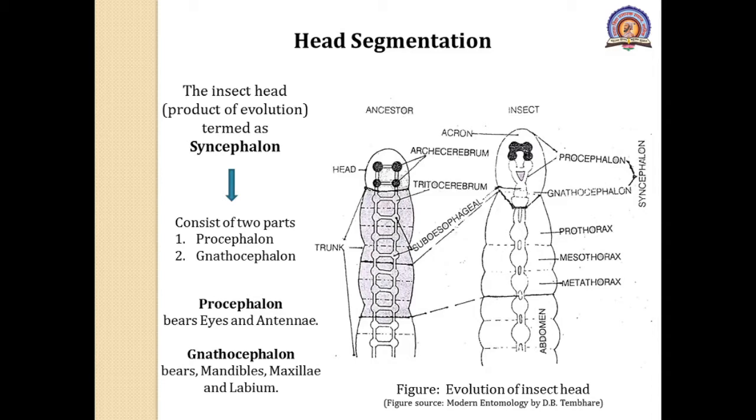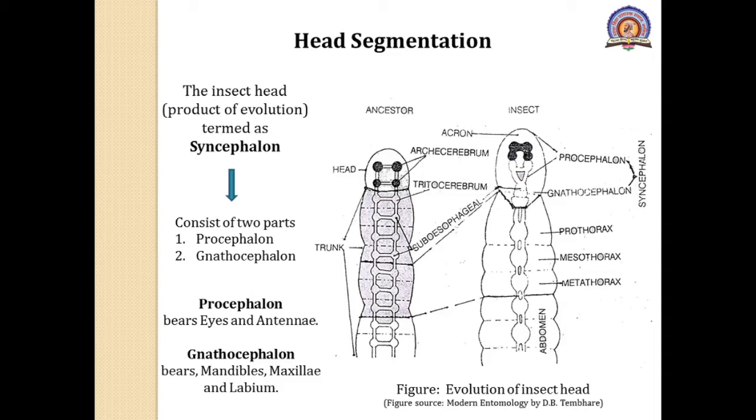In an adult insect, these segments are evident from their paired appendages in the adult condition. Obviously they are the mandibles, maxillae and the labium. And the subesophageal ganglion is undoubtedly a composite ganglion of the gnathocephalon. So there is no controversy about the segmentation of gnathocephalon.